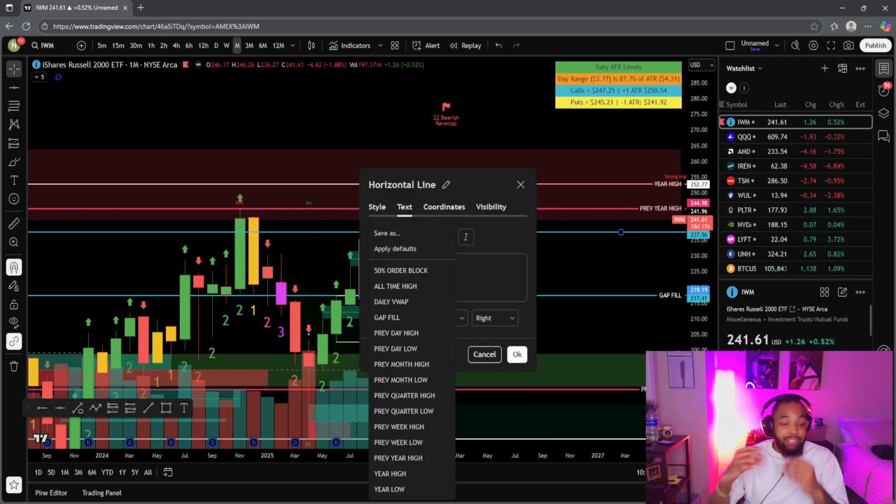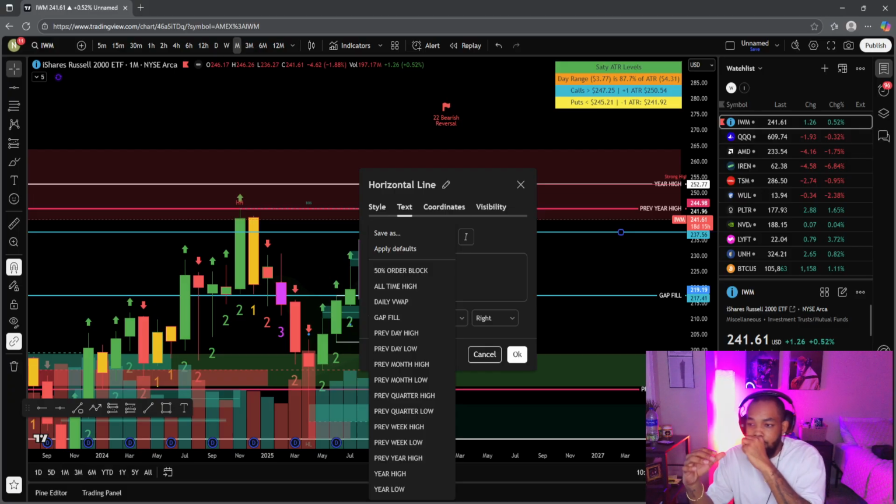Now we're at 241.61. This is a potential target for me if I wanted to take puts in the down direction, because I have a closer time frame for this to be hit. It's a closer dollar amount. This particular stock moves about $4 on a day-to-day basis. You see what I'm saying?